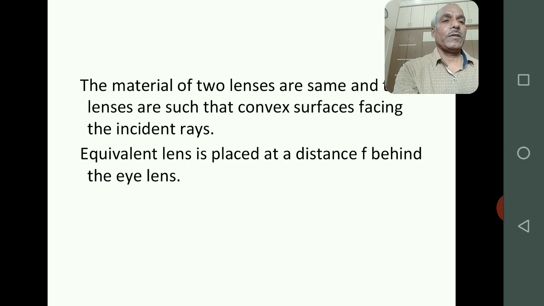The material of the two lenses used in the Huygens eyepiece is the same, and the lenses are kept such that convex surfaces face the incident rays. The equivalent lens is placed behind the field lens at a distance f.